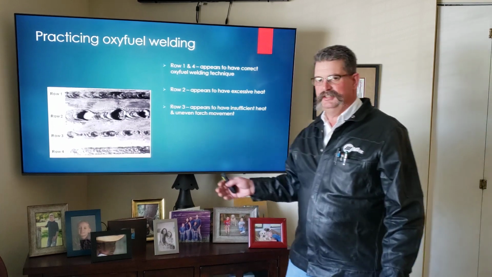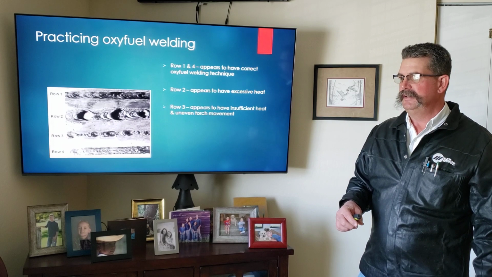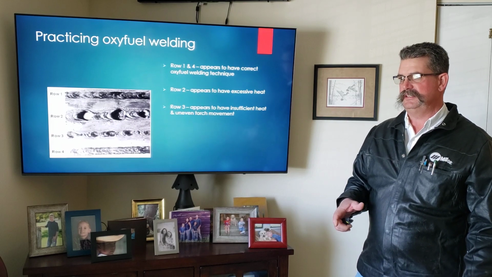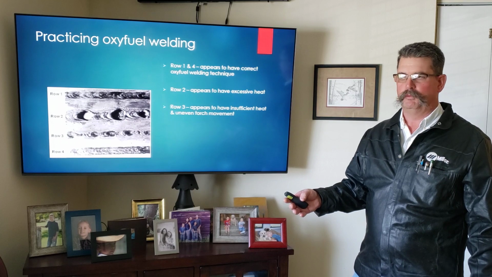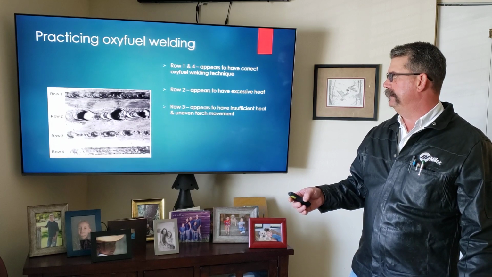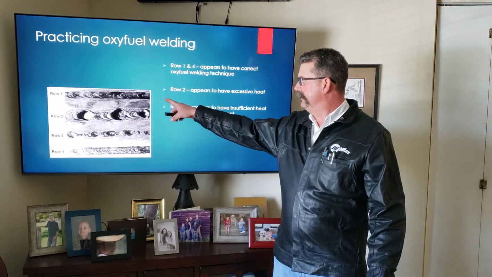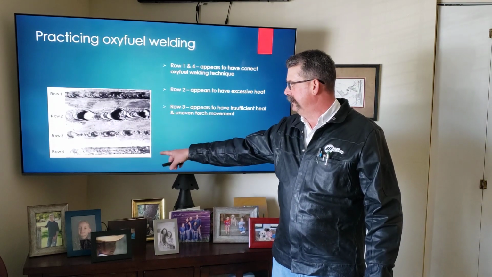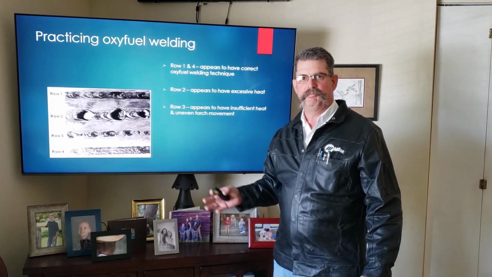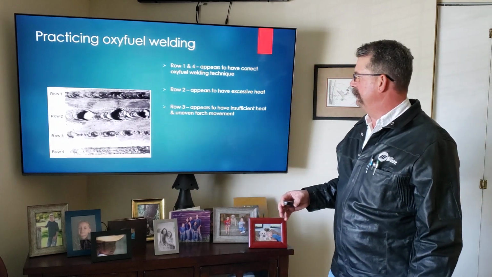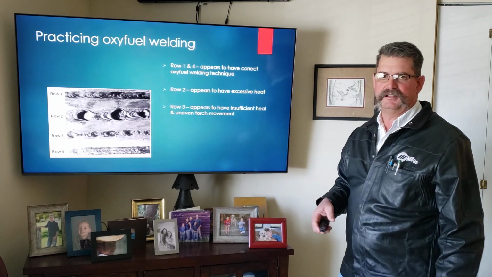Here's an illustration with students again, where out in the lab, it's what gives them that practical experience of learning what to look for in the strong characteristics of a weld. And if you look up here on rows 1 and 4, those are basically all the input factors illustrated that you would use or see in a good oxyacetylene weld.